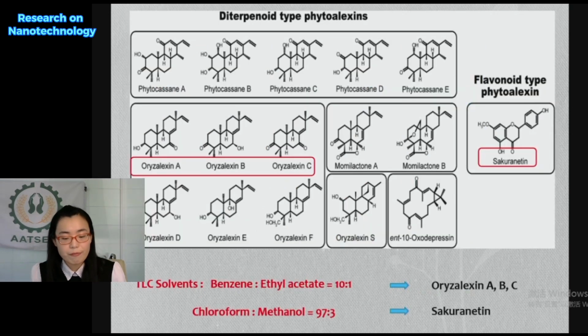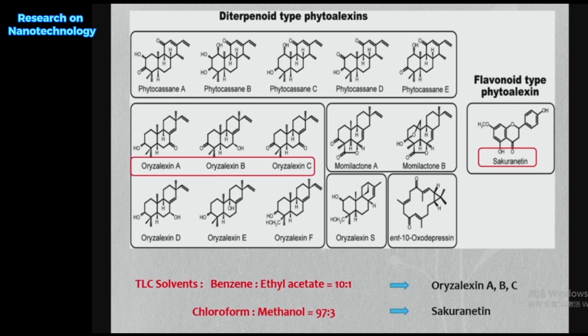After this, we also checked whether our nanoparticles can induce plant immunity. We checked this through phytoalexins, which are produced by the plant. As the figure shows, for rice we found many kinds of phytoalexins, but we focus on momilactone A, B, C, and also sakuranetin.